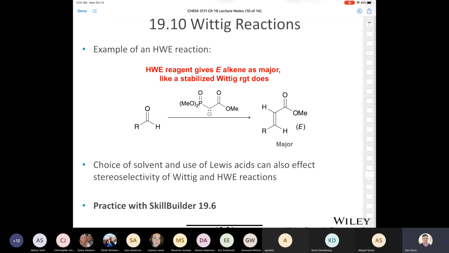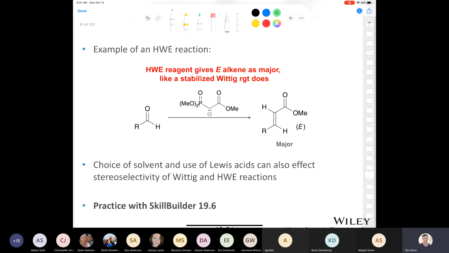And so if you're wondering what's happening in this reaction, think about it: from the carbon that's got the negative charge, everything on the side that doesn't have the sulfur is going to take the place of this. Okay, so what's in that big green circle is going to take the place of the oxygen that's in the little green circle. That's it. Choice of solvent and Lewis acids can also affect the stereoselectivity of the Wittig and Horner-Wadsworth-Emmons reactions.